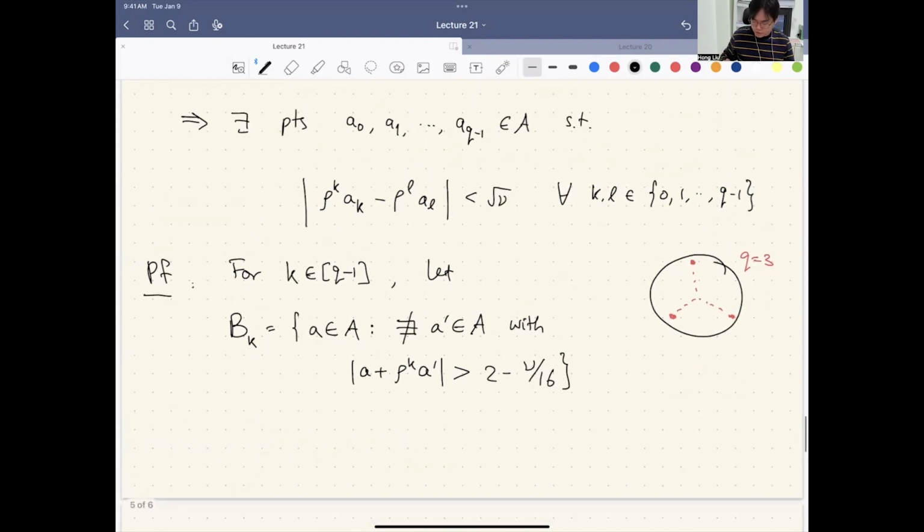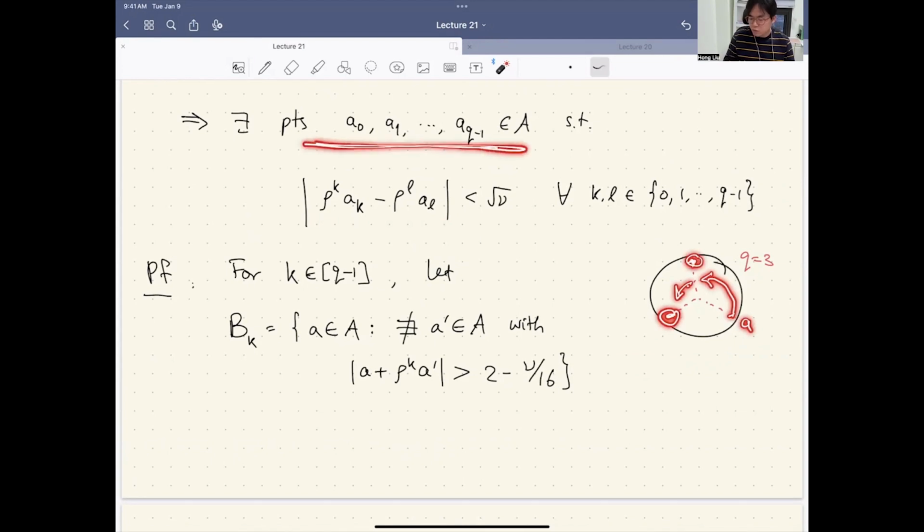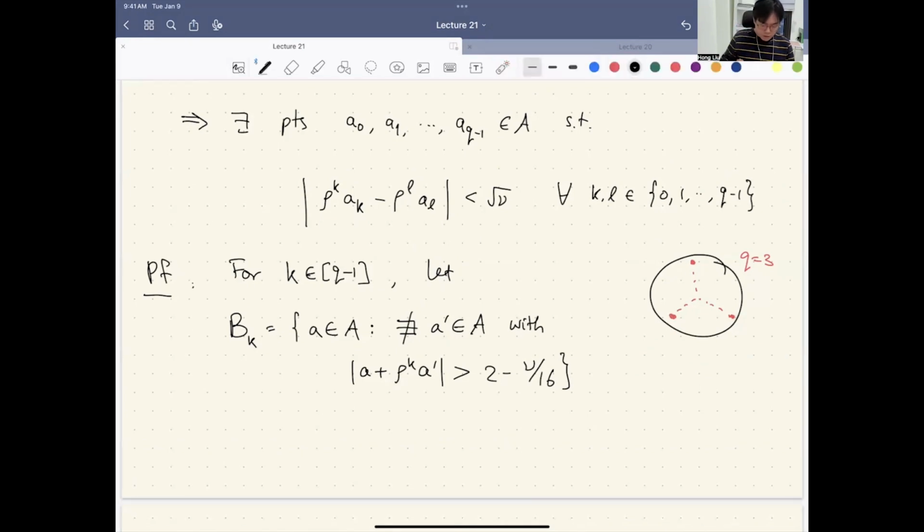And why is this bad? Well, the good event is we want to find a such that for any power of rho, there is something in this region. Then you take one from each region, and you get the Q-tuple that we need. So the bad set is those points a where, after rotating by rho to the kth power, there's nothing here, no a prime in this region in A. Now we first show that B_k has small measure.